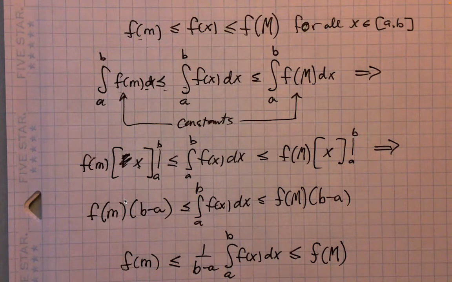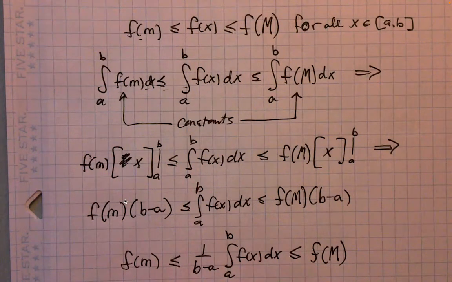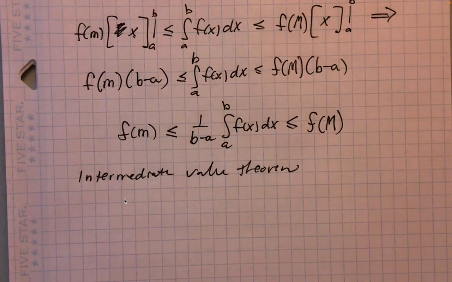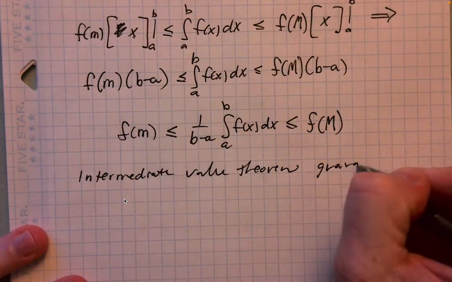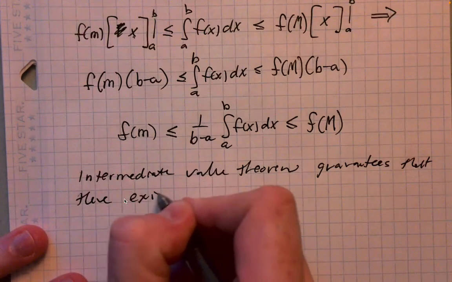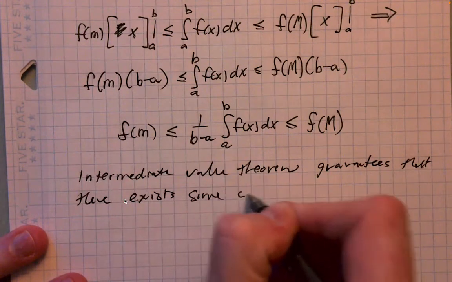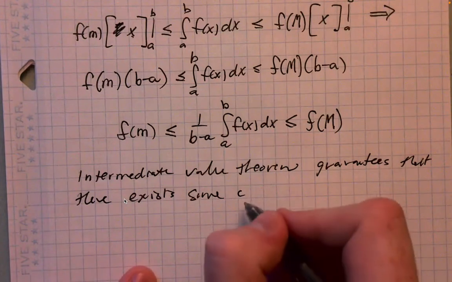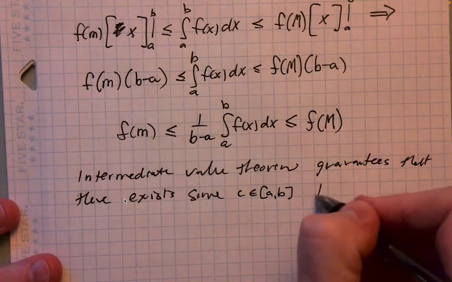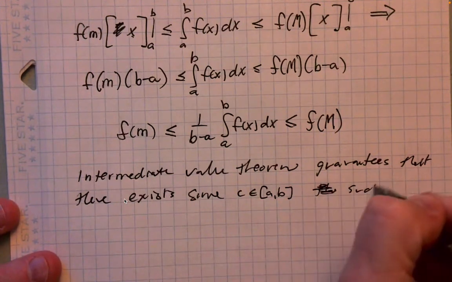Now, the intermediate value theorem is going to guarantee that there exists some c in the closed interval a to b, such that, right?